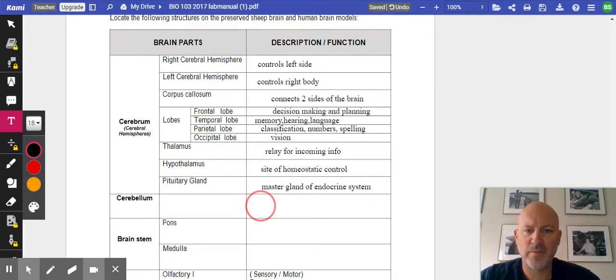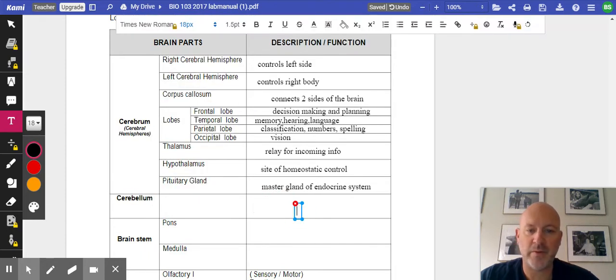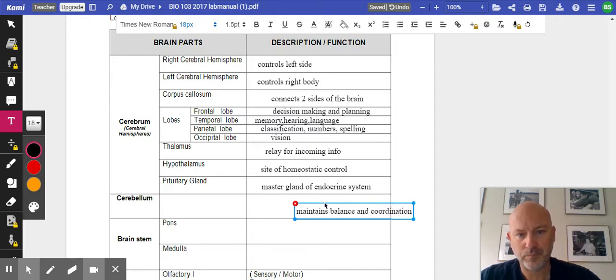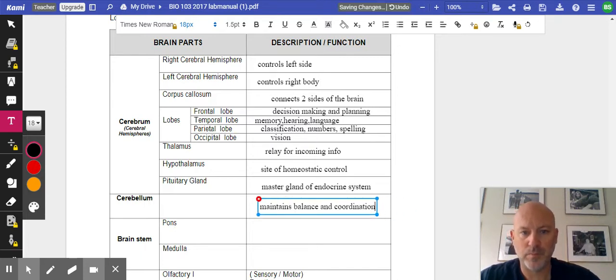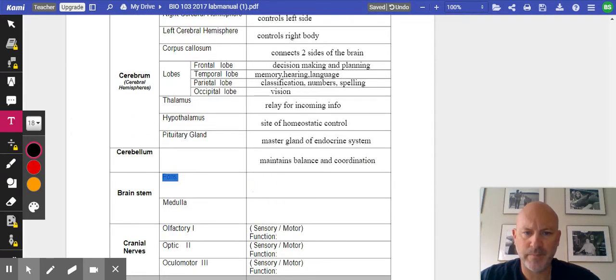The cerebellum helps the body to maintain balance and coordination. The pons is part of the brainstem.